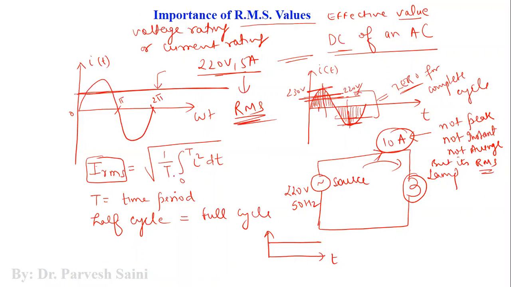So that is why it is said that the RMS value indicates the effective value. The effective current flowing in this particular wire is 10 ampere, which produces a certain effect here, and this lamp glows, or this lamp dissipates power.